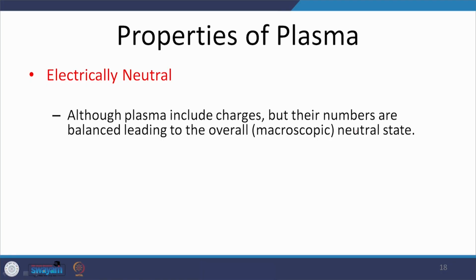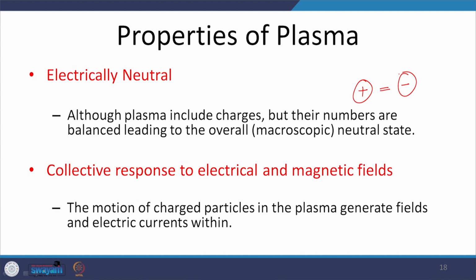Okay. The properties of plasma in a nutshell: plasma is electrically neutral in nature. Although plasma includes charges, their numbers are balanced, leading to an overall neutral state. That means the total positive charge is almost equal to the total negative charge. And plasma exhibits something very unique called a collective response to the electric and magnetic fields.